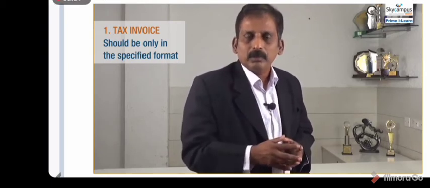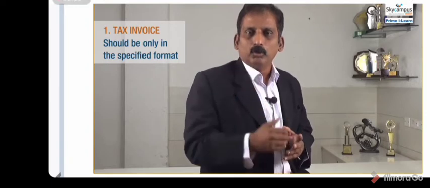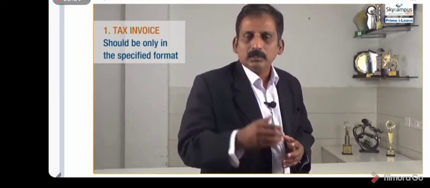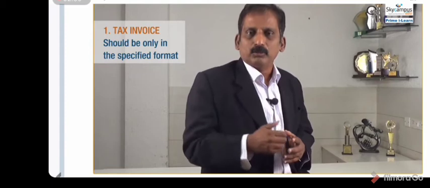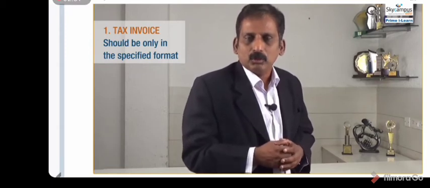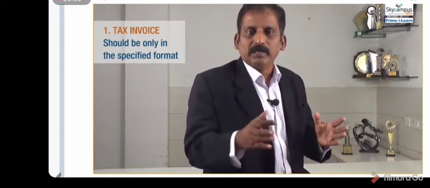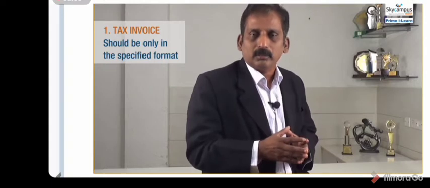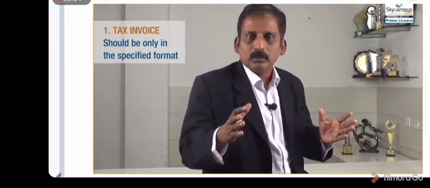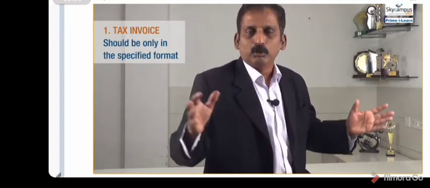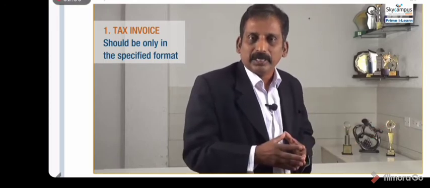It would have therefore collected 100 lakhs plus 15 lakhs towards service tax, and in all would have raised an invoice for 115 lakhs. 100 lakhs towards professional fees, 15 lakhs towards goods and services tax. This 15 lakhs is to be deposited with the government of India.